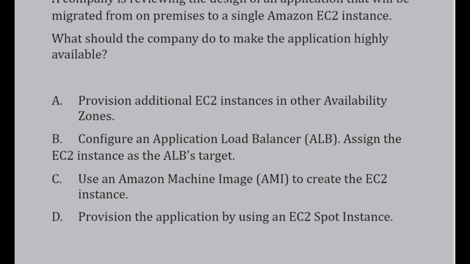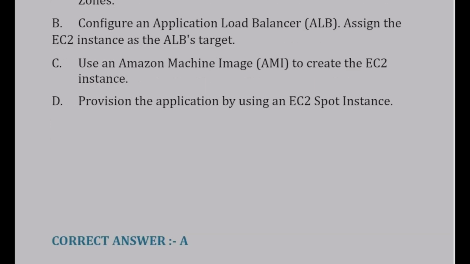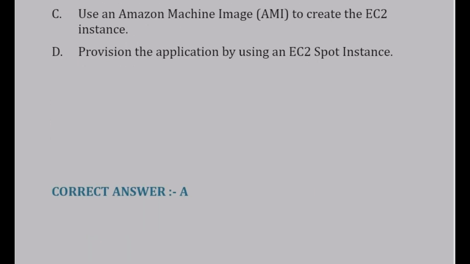Option B, configure an application load balancer, ALB. Assign the EC2 instance as the ALB's target. Option C, use an Amazon Machine Image, AMI, to create the EC2 instance. Option D, provision the application by using an EC2 spot instance. Correct answer is option A.